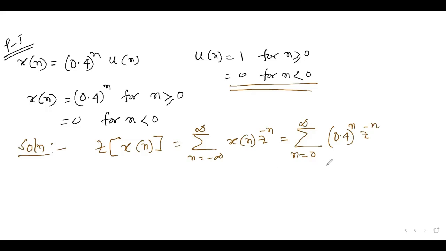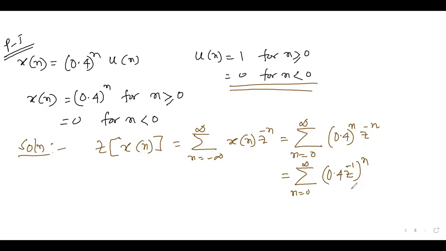So we can write this as the summation from n equal to 0 to infinity of (0.4 z inverse) to the power n.